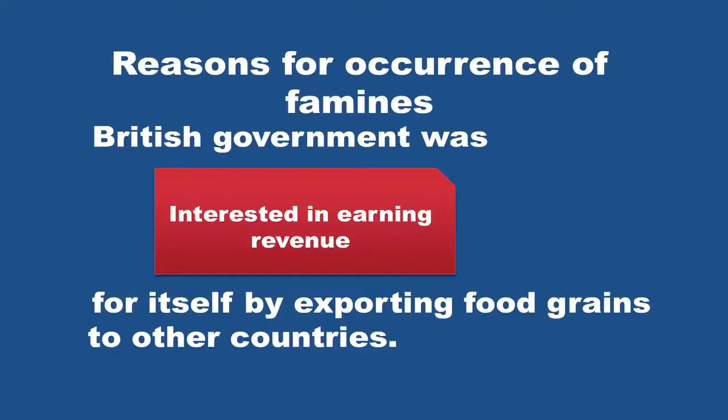That resulted in the shortage of food grains in India. Another important reason was that the British government was interested in earning revenue through the export of food grains to Britain and to other countries. So the policy of the British was the main reason for the frequently occurring famines of our country.